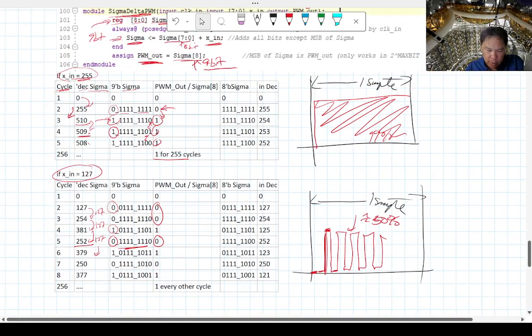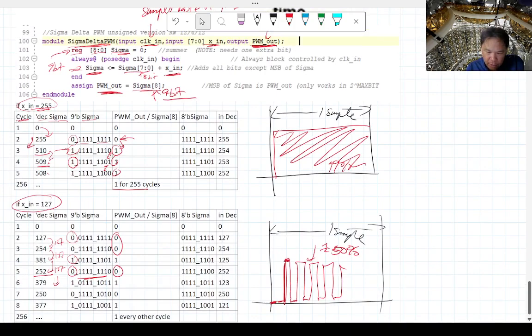So this pulse width modulation method allows you to change the duty cycle, not by having one long pulse, but a series of pulses that are spaced apart. This is usually a little bit better for your digital system and for your speaker, because you're not sending all of that power out all at once.